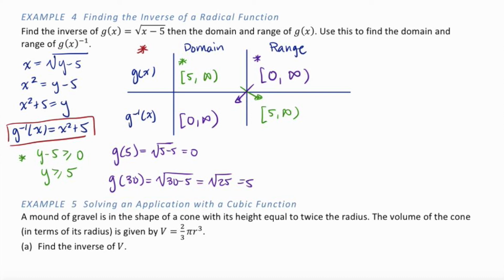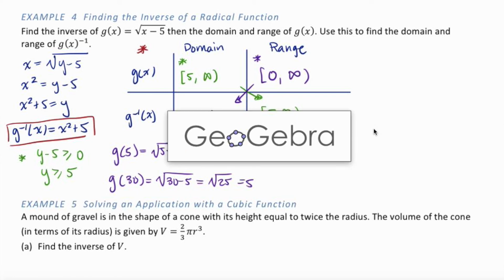Before we move on to the final example, let's verify that we got all of this correct using some online software. You should already be familiar with GeoGebra, so go ahead and take a moment and open it up on your own computer, either the online version or the software. If you notice, I prefer the software version, not the online version.